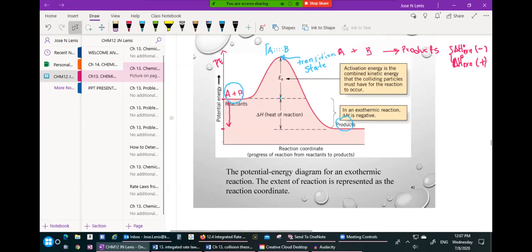That is what we call the activated complex, and we represent it using square brackets on top of the hill. At that moment, it's just a matter of the reaction to finish.